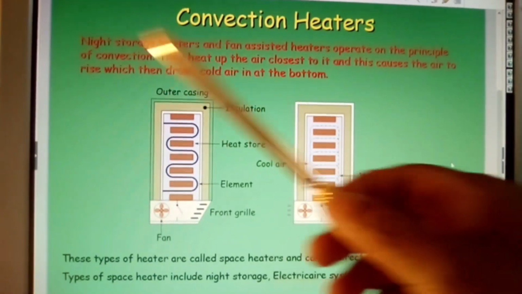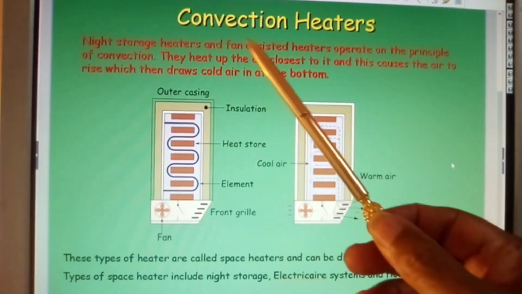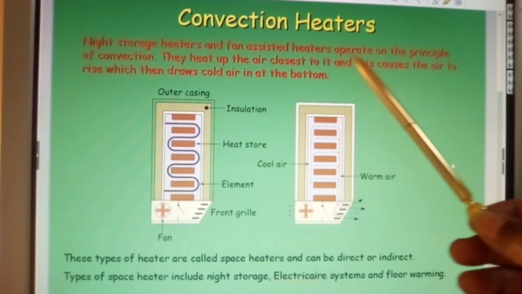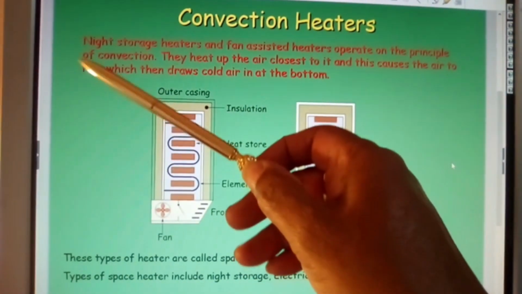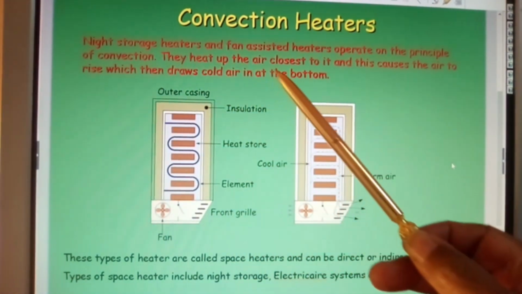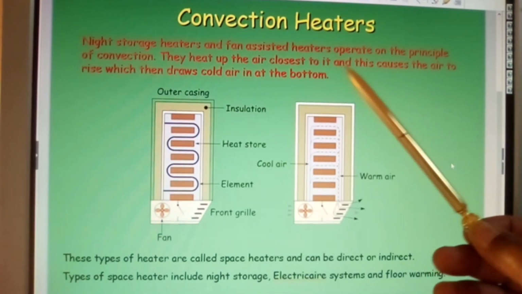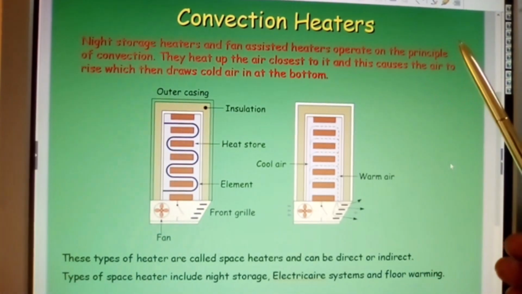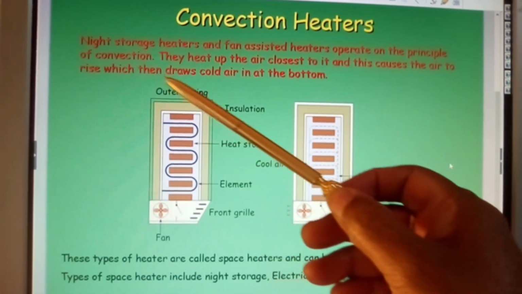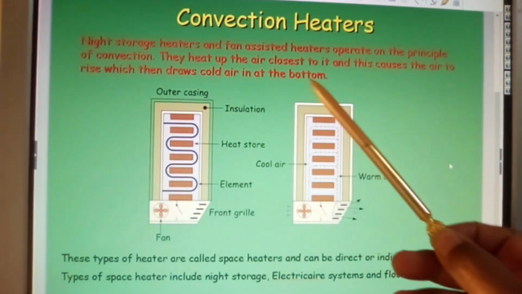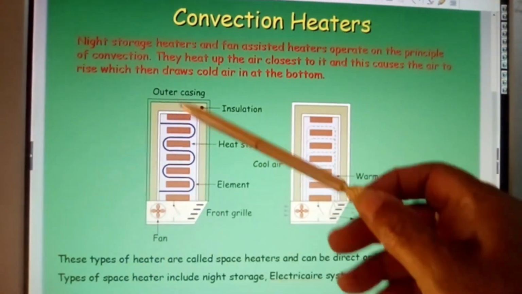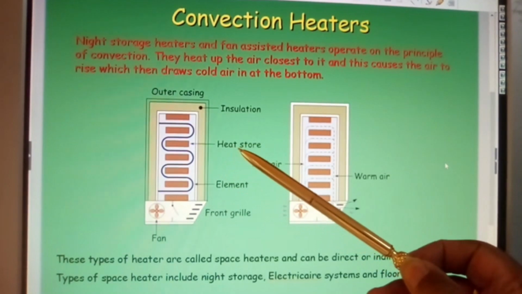Convection heaters. Night storage heaters and fan-assisted heaters operate on the principle of convection. They heat up the air closest to it, and this causes the air to rise, which then draws cold air in at the bottom. Okay. Outer casing, insulation, heat store.